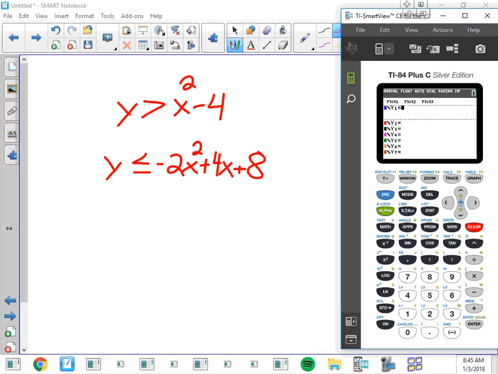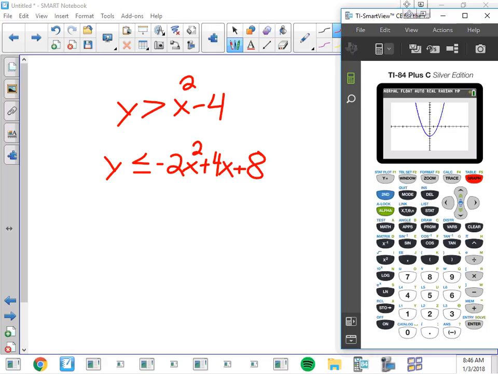So I need to plug these in separately. X squared minus 4 and negative 2x squared plus 4x plus 8, and then graph them.